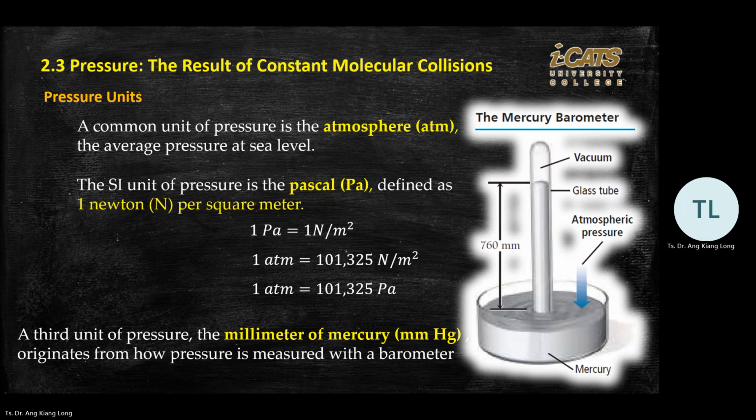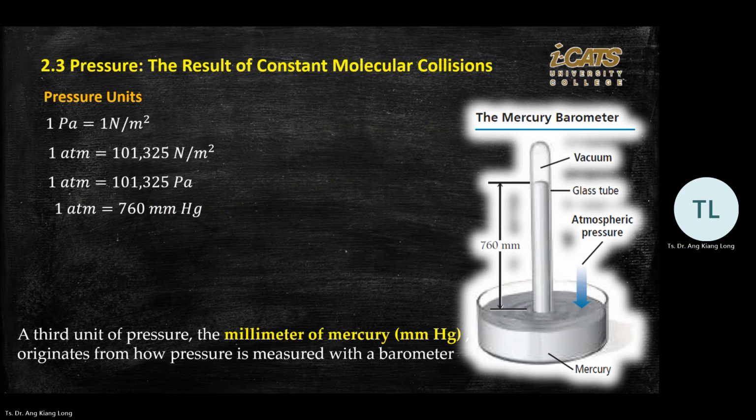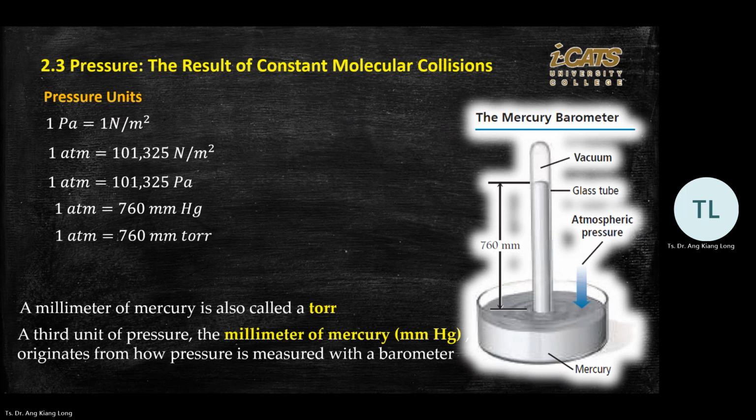Some textbooks use mmHg as TORR. But for this module, TORR doesn't carry any meaning, I mean, it cannot help you to solve any question. So sometimes in the question, we will purposely put TORR to see whether you're able to convert back to the mercury unit.